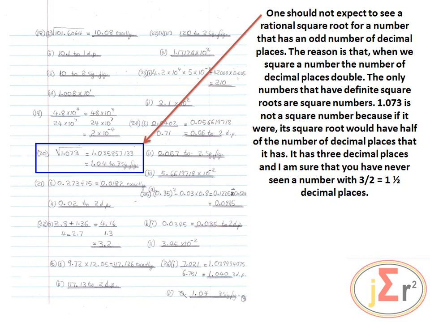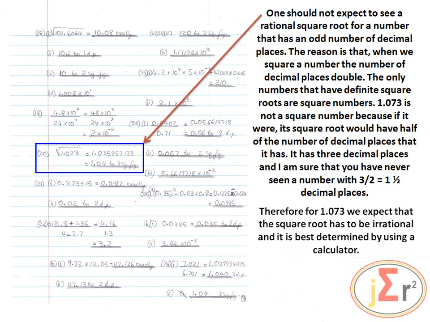It has 3 decimal places, and I am sure that you have never seen a number with 3 over 2 or 1.5 decimal places. Therefore, for 1.073, we expect that the square root has to be irrational, and it is best determined by using a calculator.